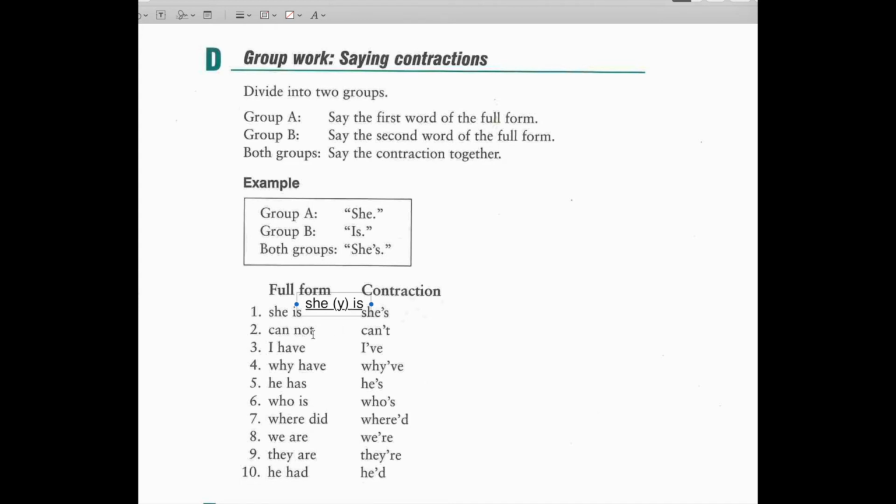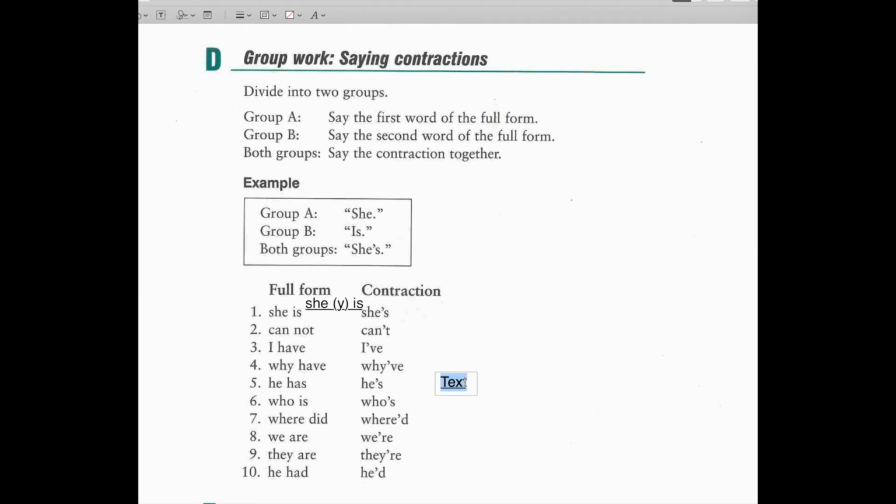Yes, in some cases like cannot, we can link or blend rather the ends, but again notice a contraction is a further way to reduce that particular time. Another problem that we see with contractions is that often contractions can sound exactly the same. For example, in number 5, he has, he's.